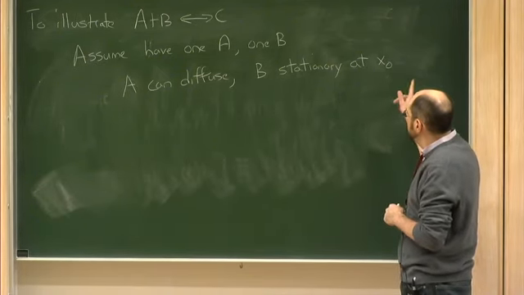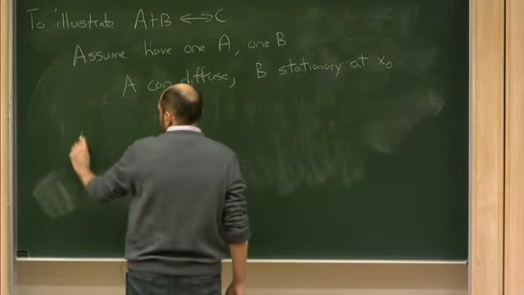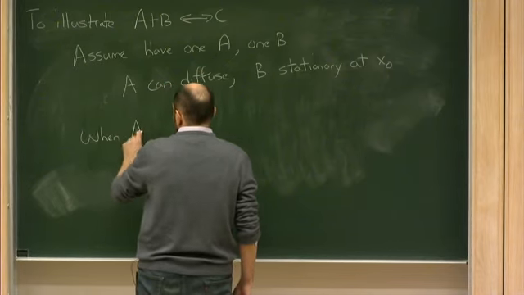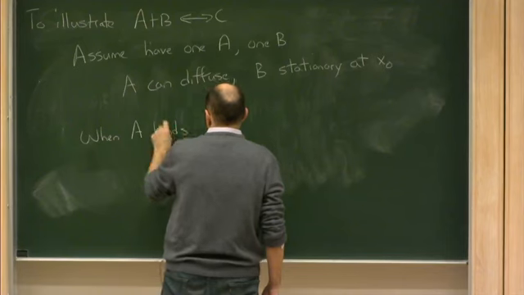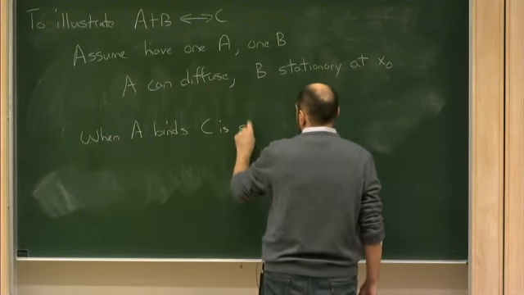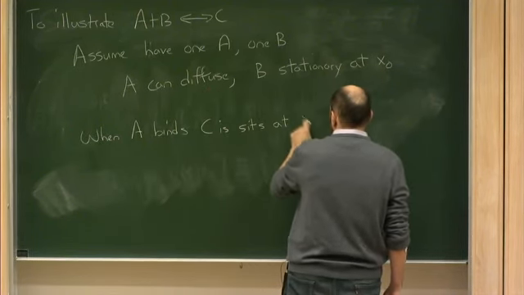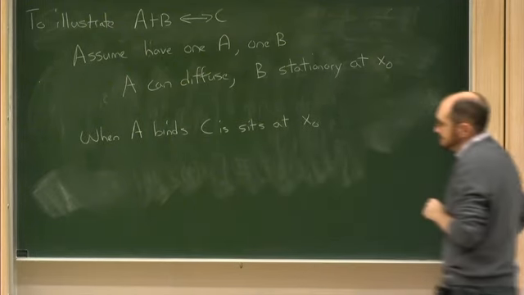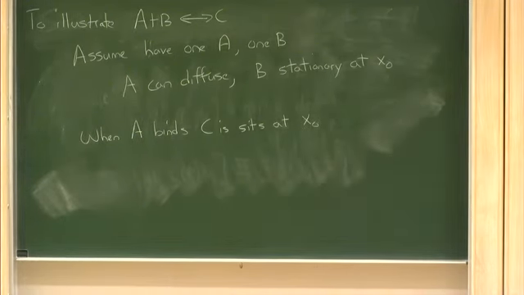So A can diffuse, B is stationary, and when A binds, C just sits at x naught. Okay, so that's our basic setup. I guess we can do it in free space; I don't need a bounded domain.